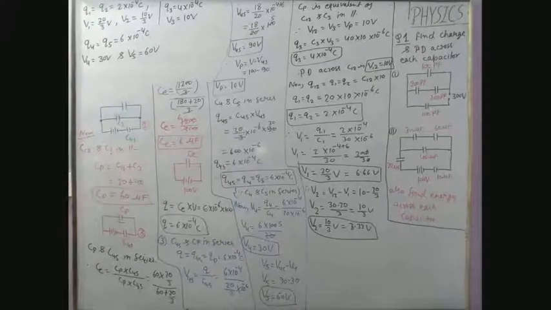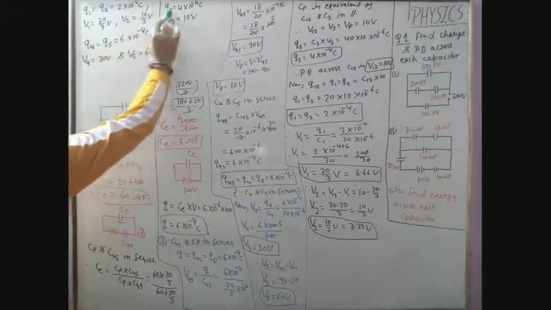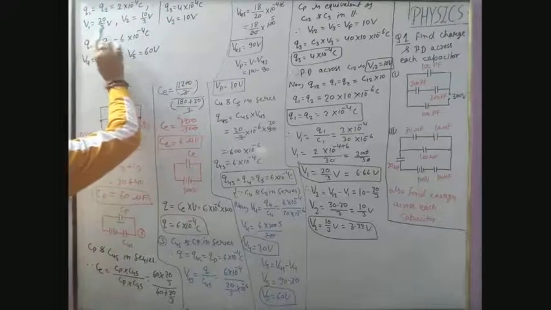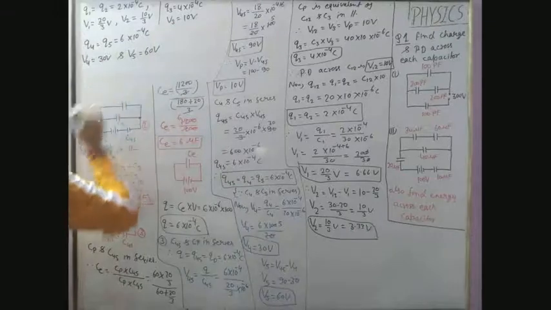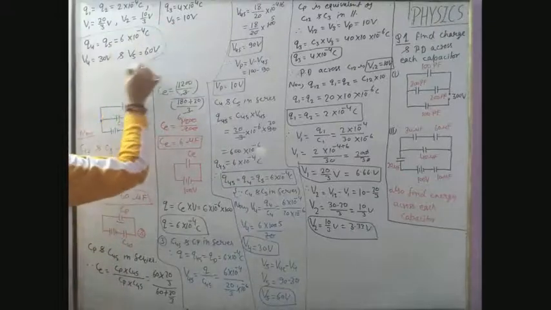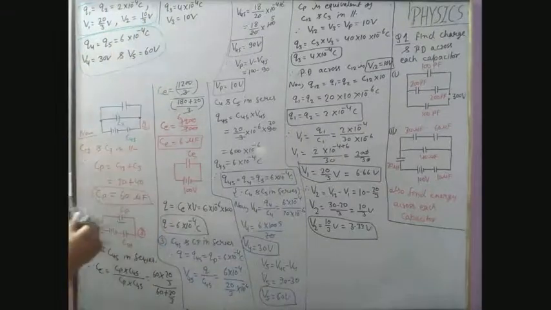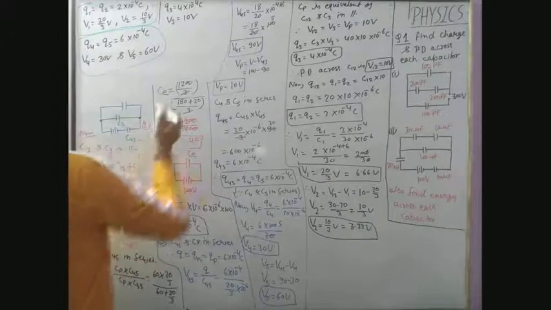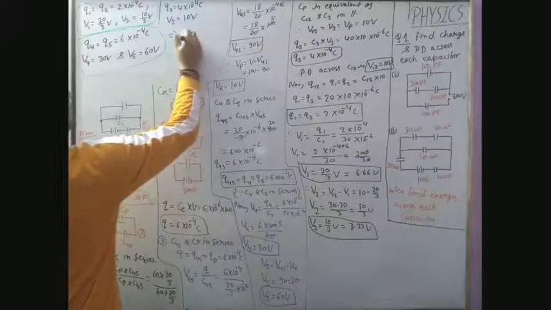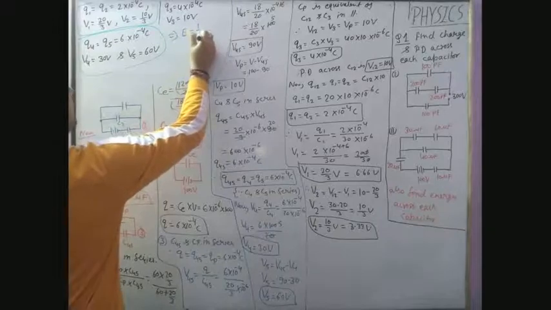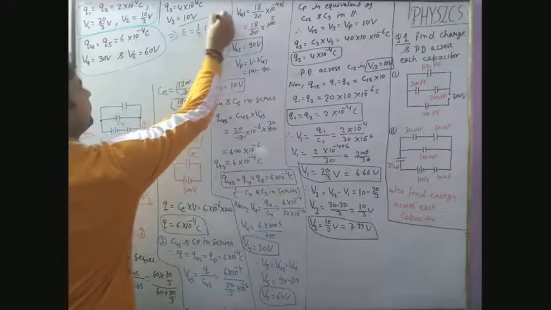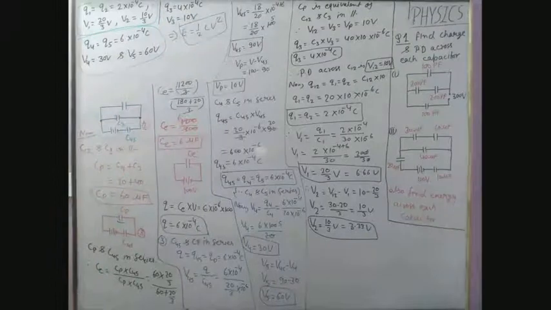Okay, now Q1, Q2, Q3, Q4, Q5, V1, V2, V3, V4, V5. Okay, done. Now the energy is equal to half CV square. This gives the result for the energy.